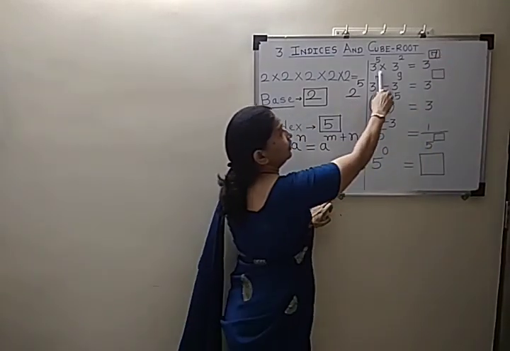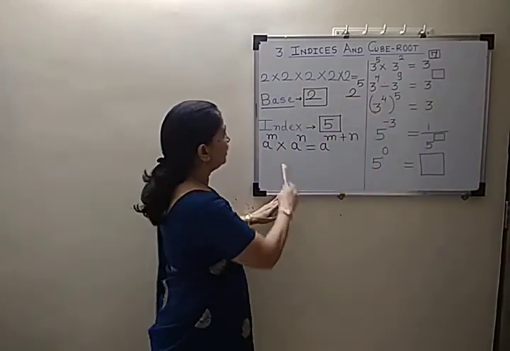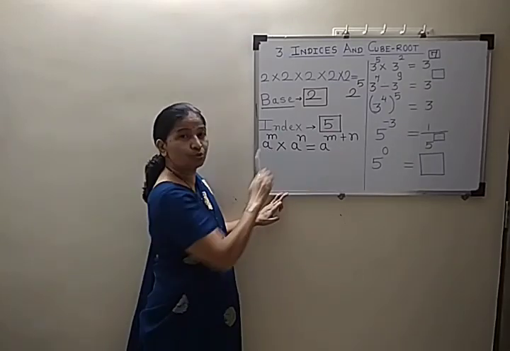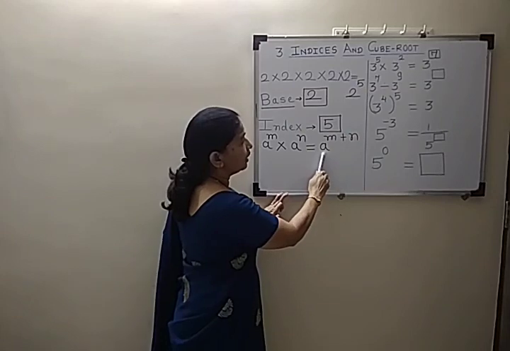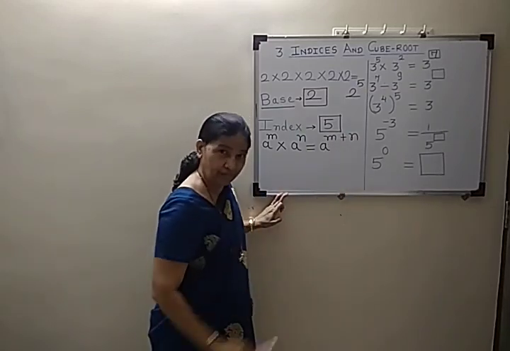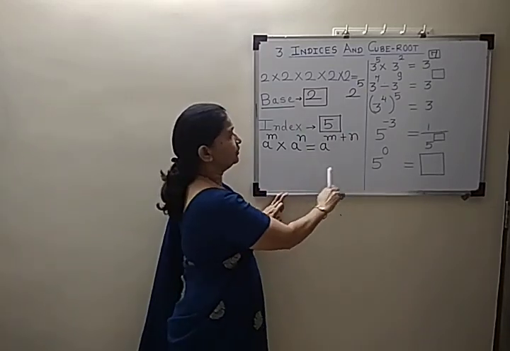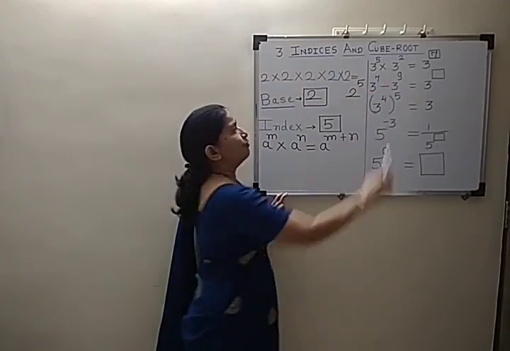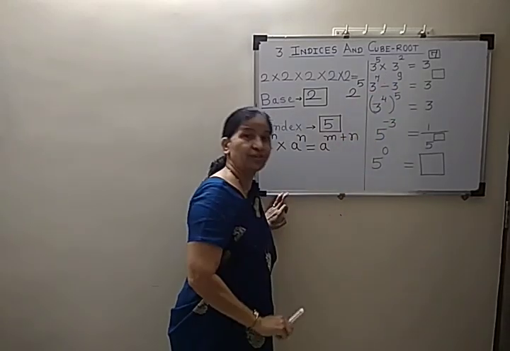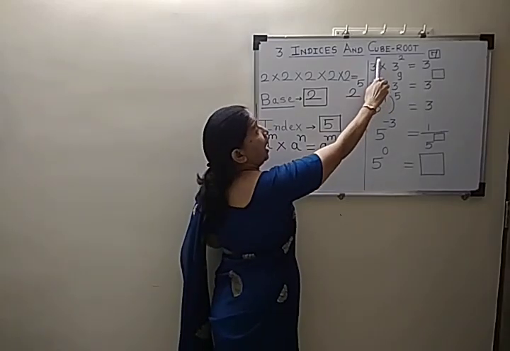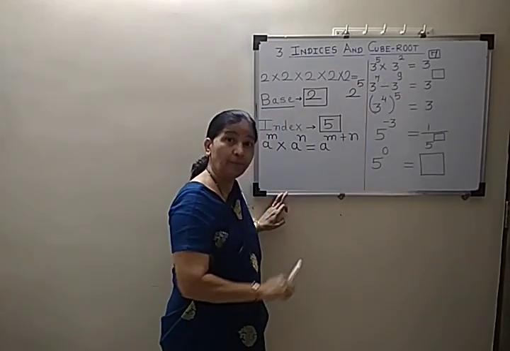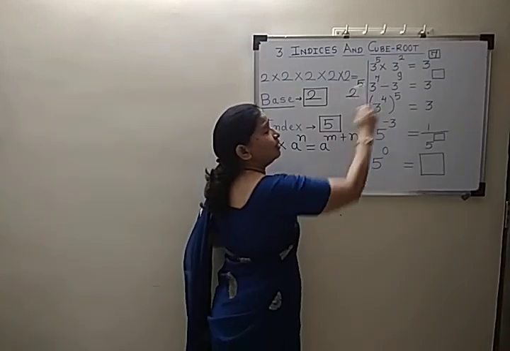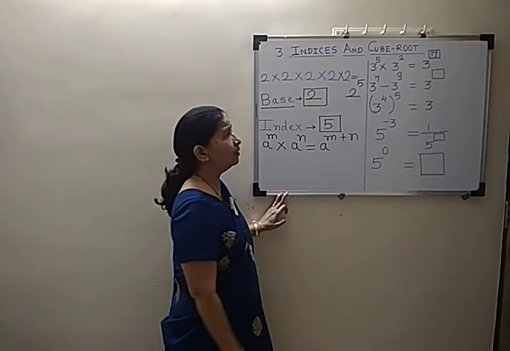So here I followed the rule a raised to m into a raised to n is equal to a raised to m plus n. It means when base is same and when there is multiplication sign in between, I can add the indices. Now we will turn to the next rule.